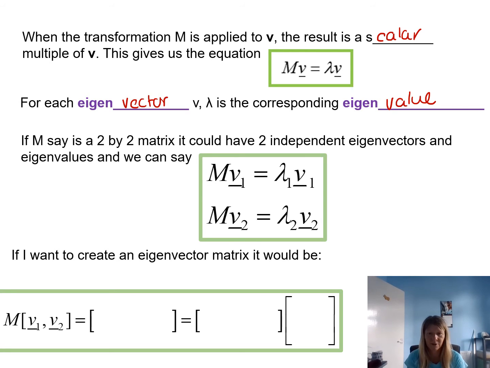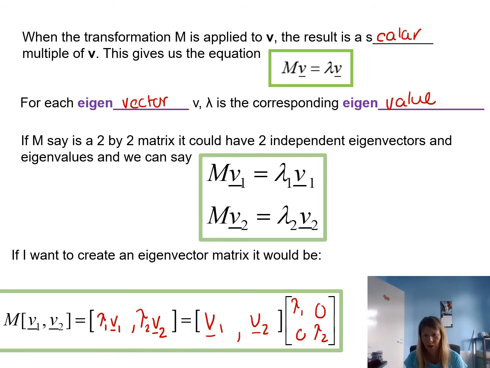It could be written as, using the right hand side, lambda 1 V1, lambda 2 V2. And because these are just scalars, you can take them out and write it as the vector V1, V2 with lambda 1 on there and lambda 2 on there. And hopefully if you multiplied that out, you just get back to that line there.